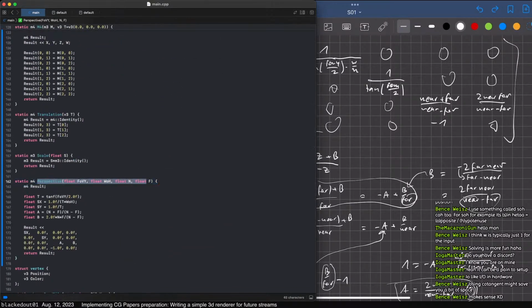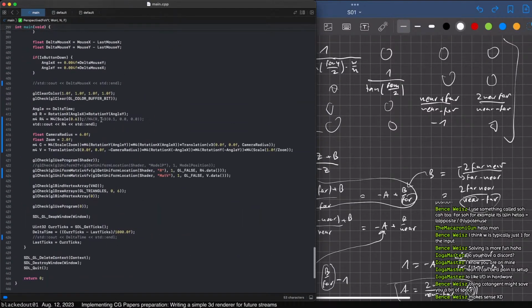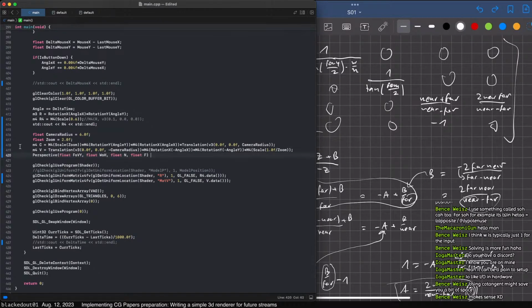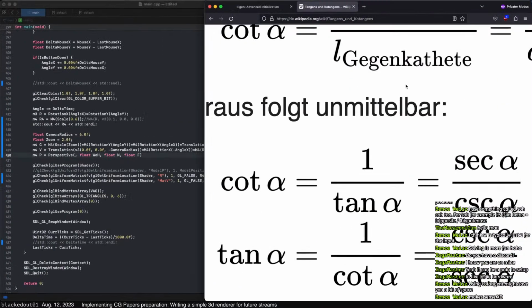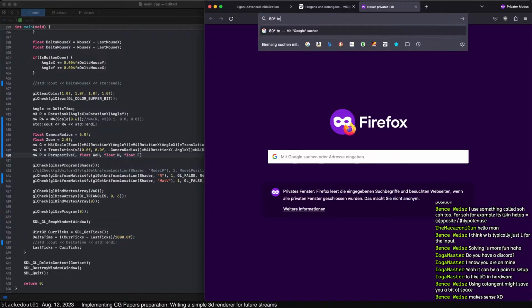So if we call this here scale, maybe let's call this p, and this is in radians probably. So 80 degrees in radians.